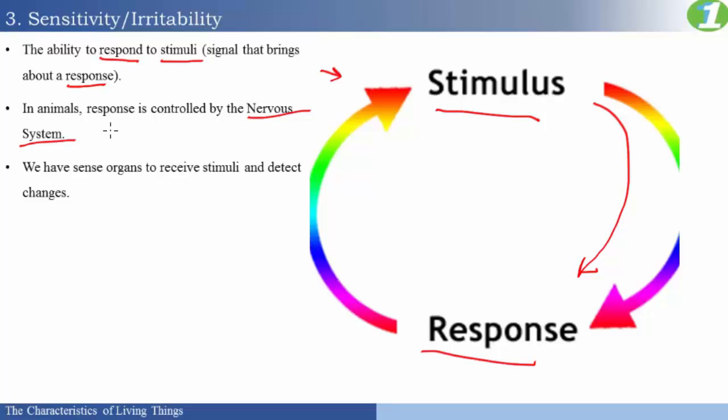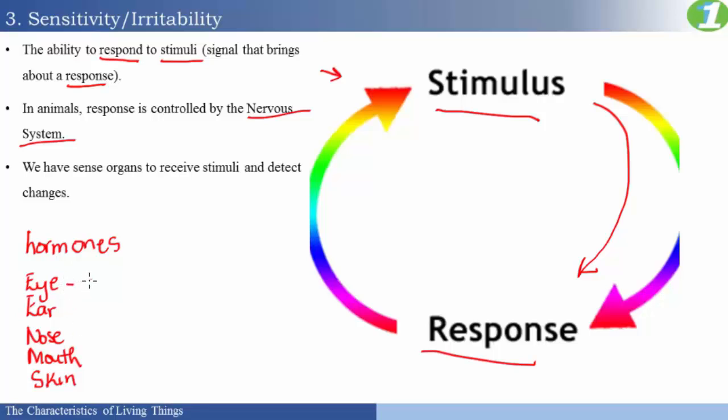But plants don't have a nervous system. They detect changes in a different way. They use chemical substances called hormones. Now, I don't want you to worry about this, because we will come to hormones a little bit later down in this series. Now, humans have sense organs, specifically the eye, ear, nose, mouth, and skin, and they all detect different stimuli.